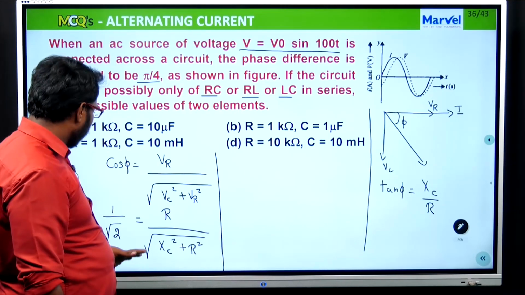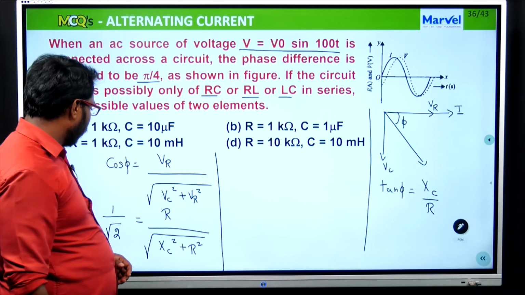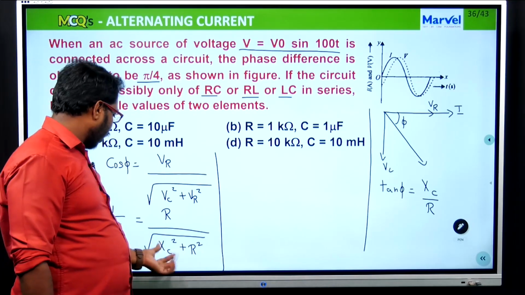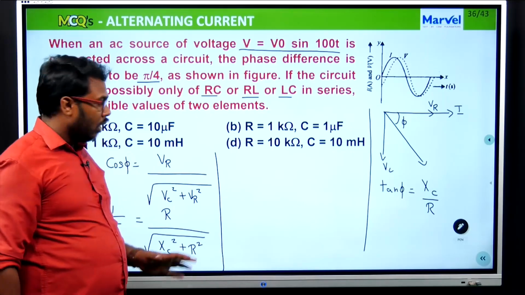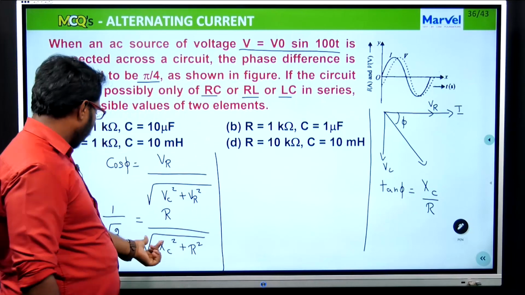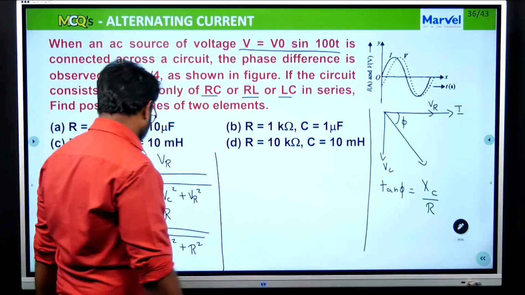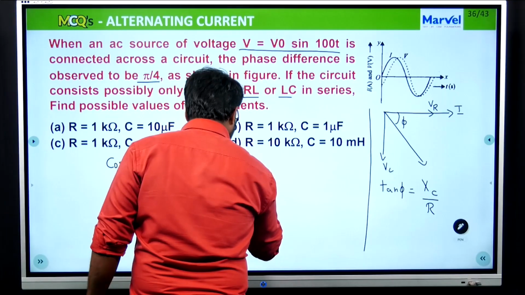So now I will cross multiply this and finish it off, because we have XC in here which is nothing but 1 by omega C. I will be using my omega from there to reduce the entire thing first. So I will square on both sides to get rid of the root.